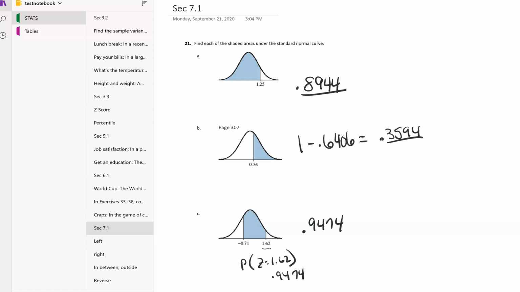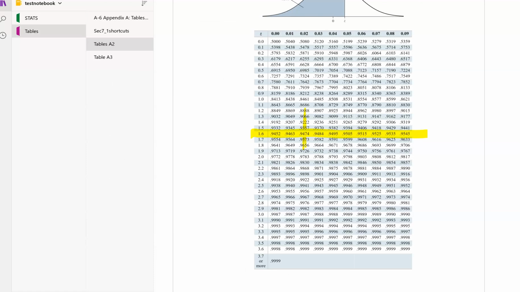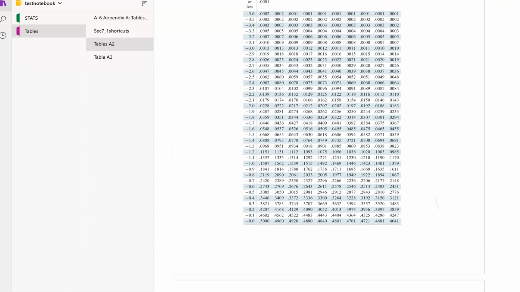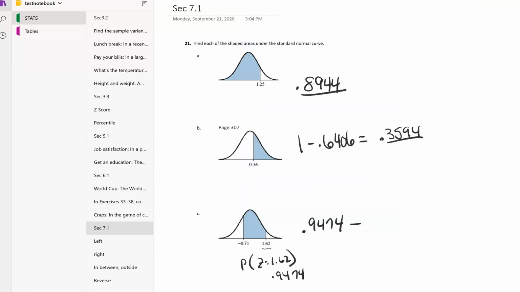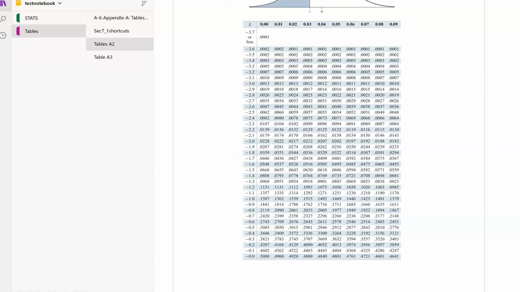Then I do the next one, a negative 0.71. So this is going to be a subtraction problem. Negative 0.71. So negative 0.7 is here, and the 1 is right here. So it's 0.2389.